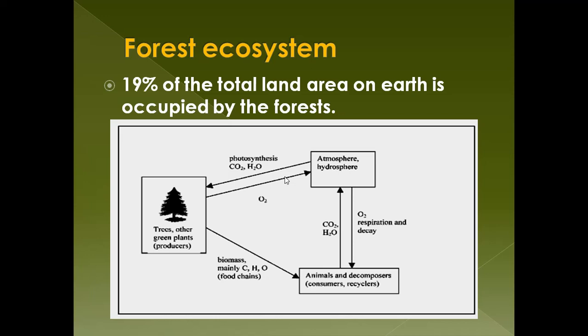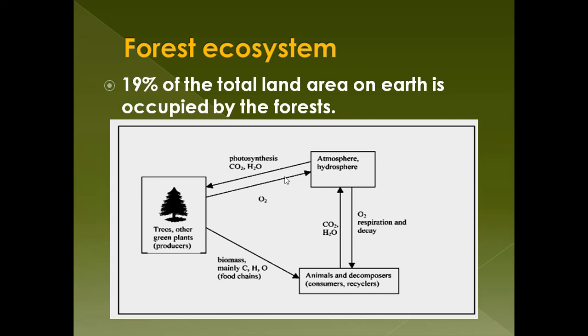Those green plants in the aquatic medium also release oxygen, and in turn they get carbon dioxide and water vapors from the atmosphere. And likewise the animals and decomposers, that is the consumers and recyclers, we can say.